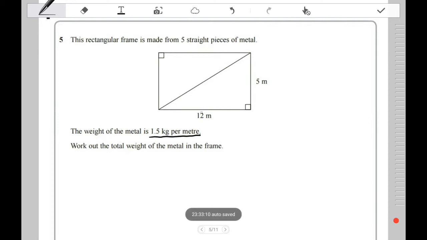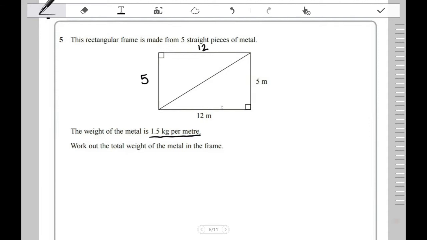For example, the weight of this edge here would be 1.5 multiplied by 12. But we need to know the sum of all the pieces of metal. We know that this is going to be 5 meters because the other side is 5 meters, and this is 12. We need to work out what the length of this is.